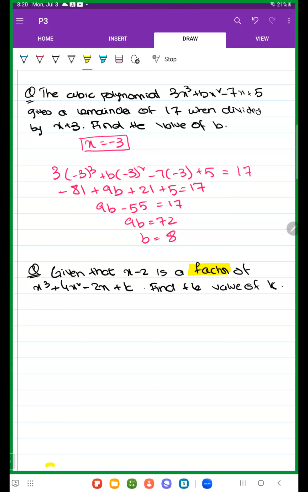Let me send you a question now. I'm sending you a question on the group, okay? Can you check the group?